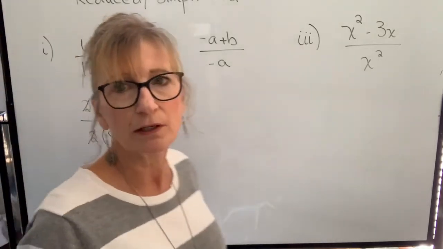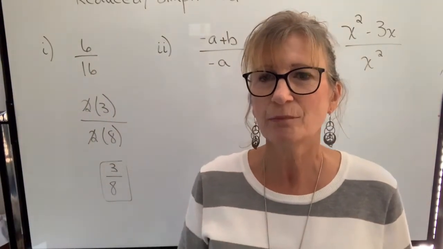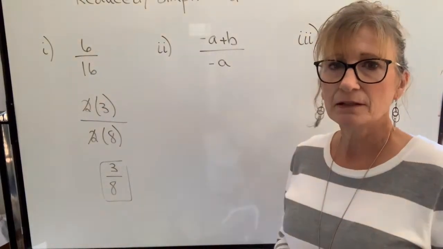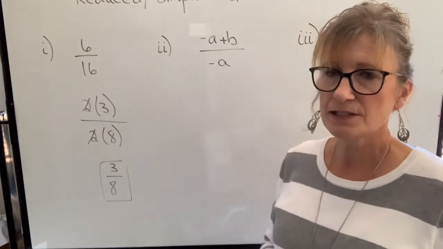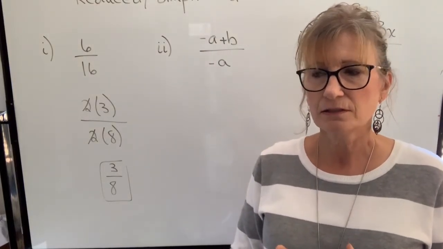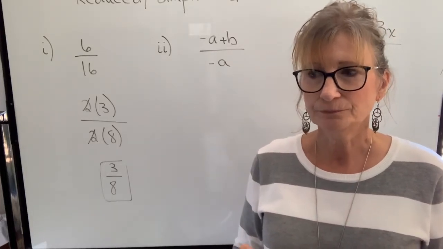That would be fine as well, as long as you understand that what you're canceling is a common factor, so you're dividing by the same number. We can do the same thing with algebraic fractions, and something else comes into play with algebraic fractions, and that's a factor of -1.